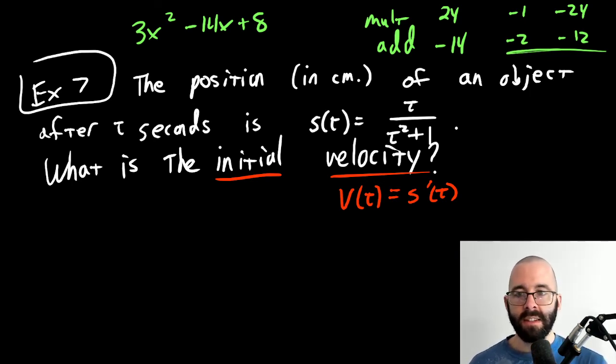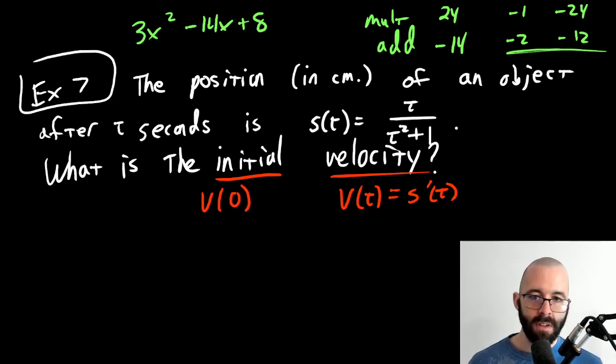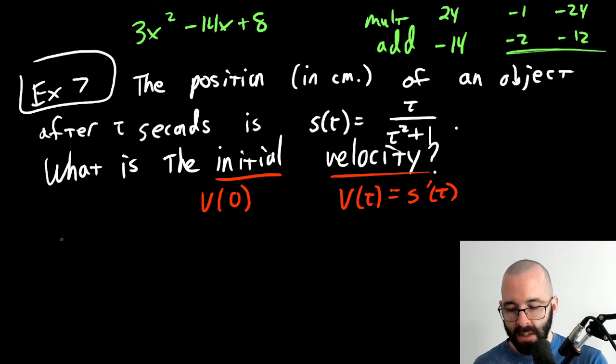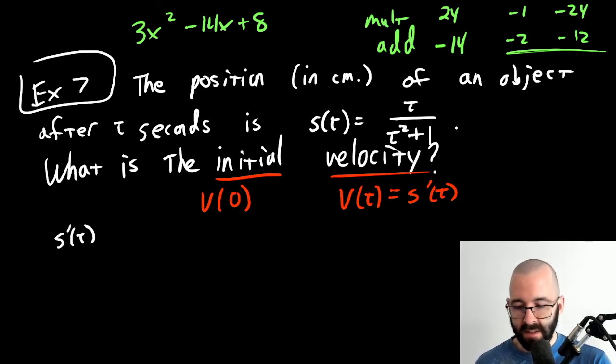And initial velocity just means at the start. How much time has gone by at the start? None. It wants the velocity when t is equal to 0. So let's find the velocity equation and then plug in 0. So s prime of t, which is the same as v of t, is the derivative of this rational function.